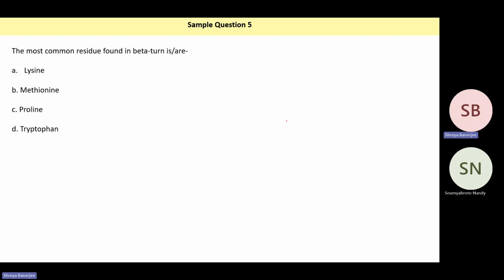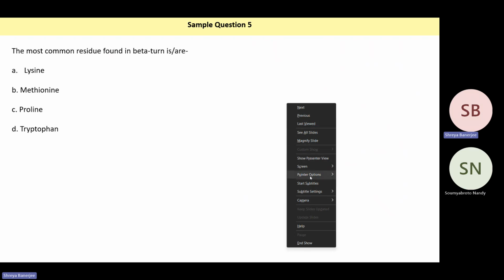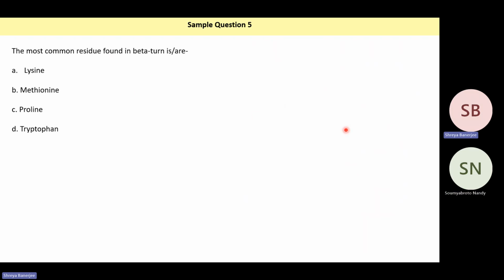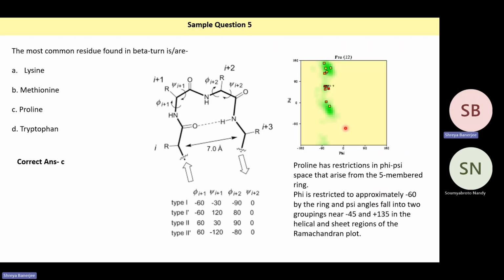Then the question is asking, the most common residue found in beta turn is what? Proline. Yeah, and why that is happening is that in beta turns, certain phi-psi angles are required. So in the Ramachandran plot, wherever you have a beta turn, these are the phi-psi angles that need to be adopted in order for the structure to be a beta turn.